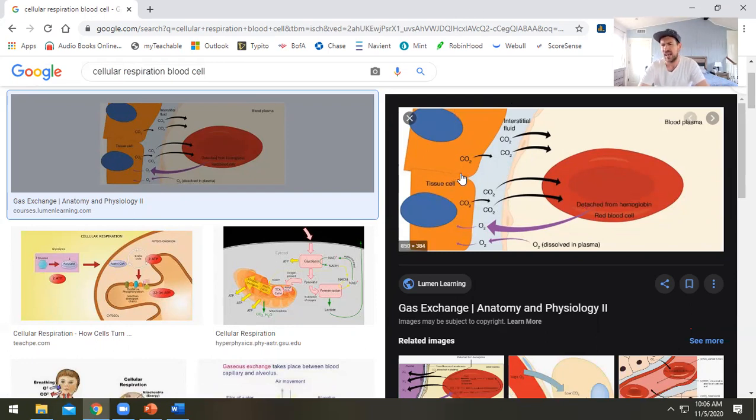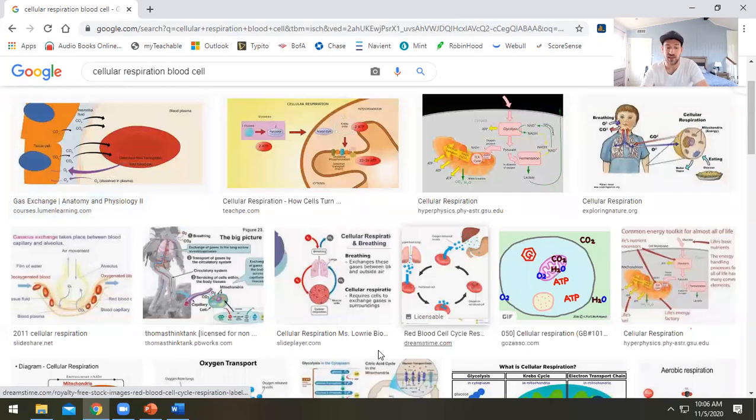In the lungs, it's exactly the opposite. Your lungs are dropping off CO2 and picking up oxygen. A blood cell will travel to a tissue, drop off its oxygen, pick up its CO2, go back to the lungs, drop off its CO2, pick up its oxygen, and then travel back to another tissue. That's happening constantly in your body.